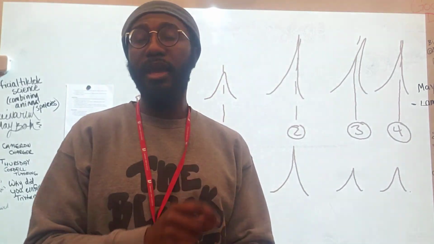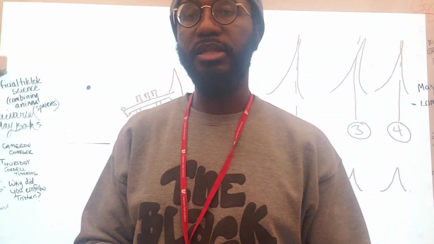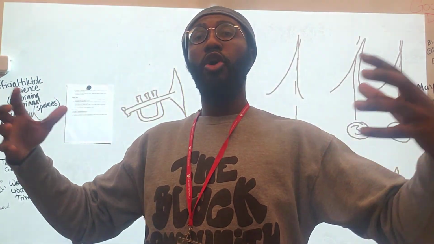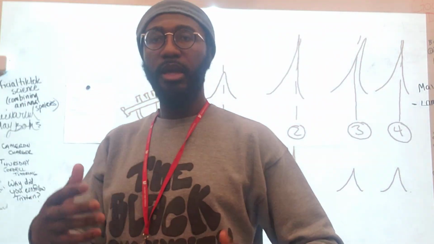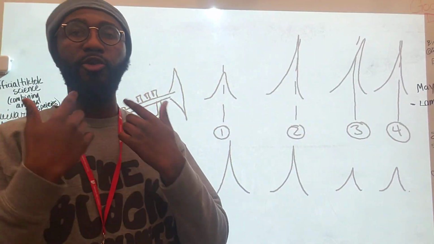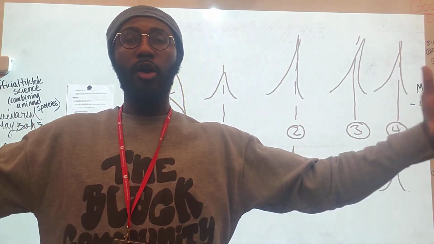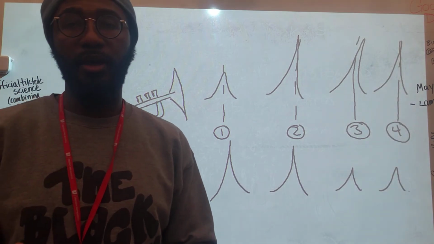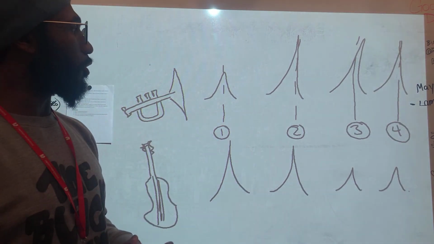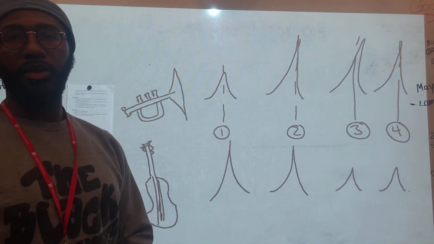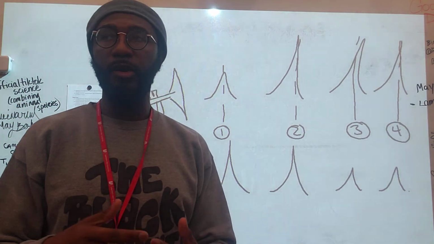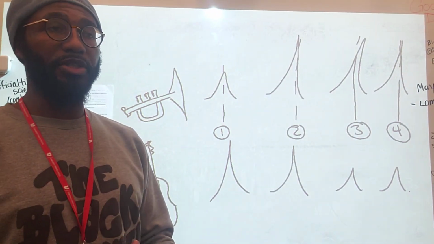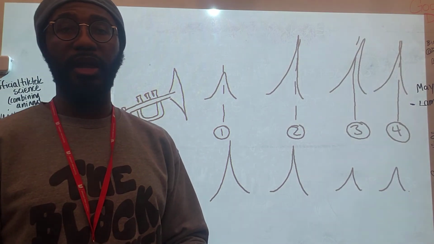And the way it allows timbre to happen is that superposition combines all the different frequencies that an instrument or a human voice makes. It takes all those different frequencies and combines them to make a unique sound, okay? So that is how superposition and timbre relate to each other, and how superposition actually allows for timbre to happen.